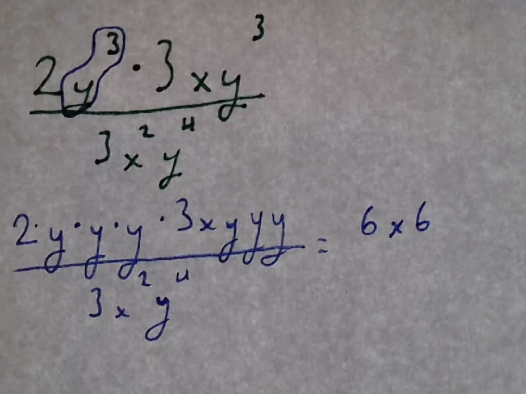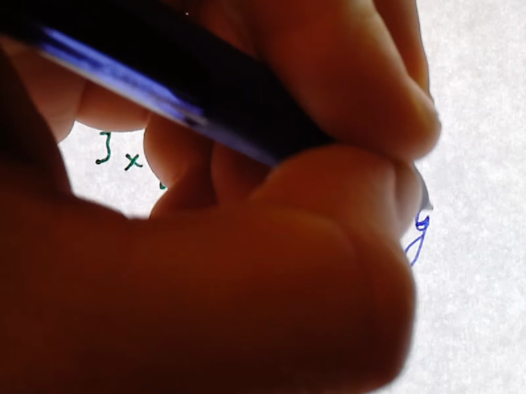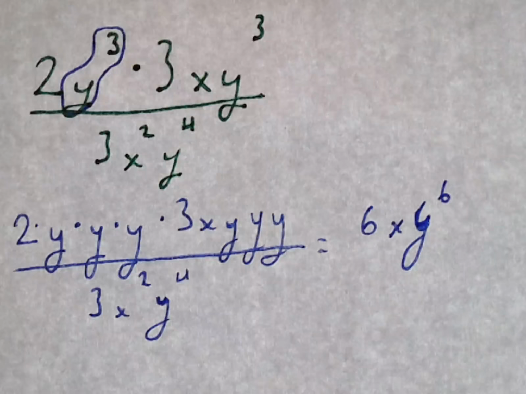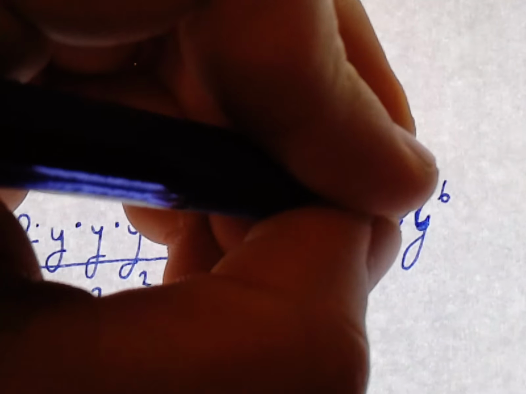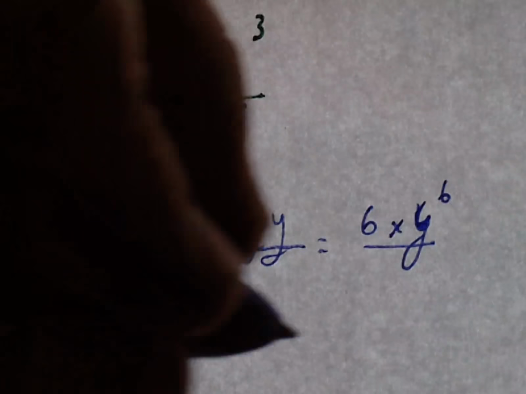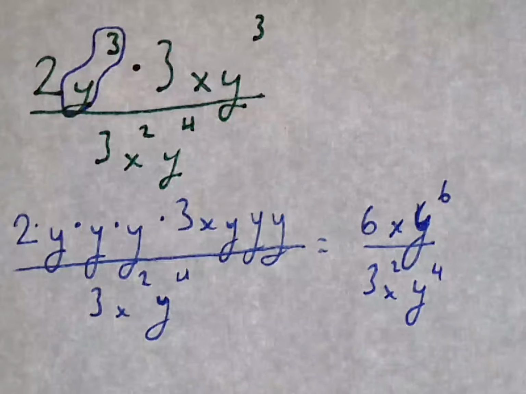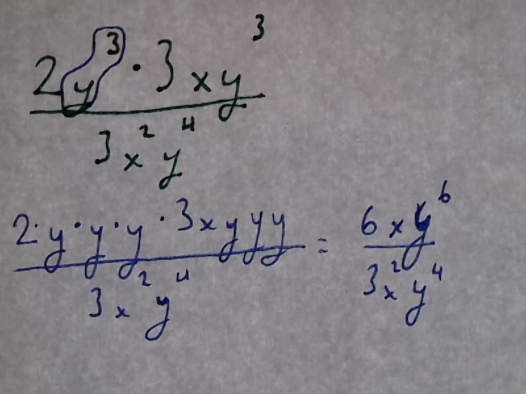I've got 1x, and then 6 y's, y to the 6th power. And now I can still rewrite that denominator, 3x squared y to the 4th.